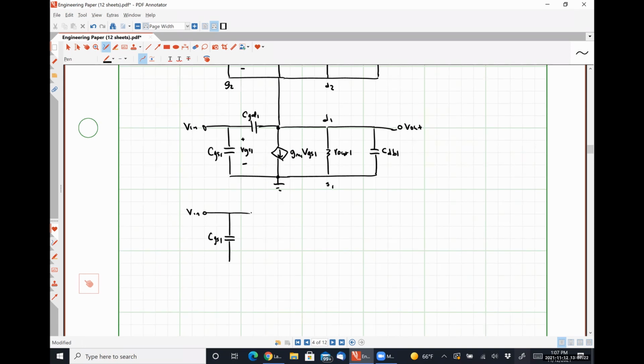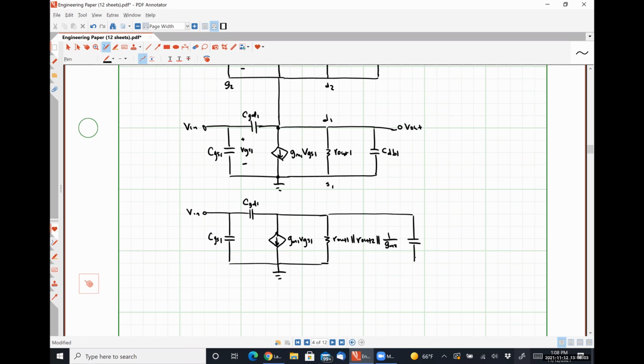CGS1, CGD1. This resistance right here is going to be R out 1 in parallel with R out 2 in parallel with 1 over GM2.